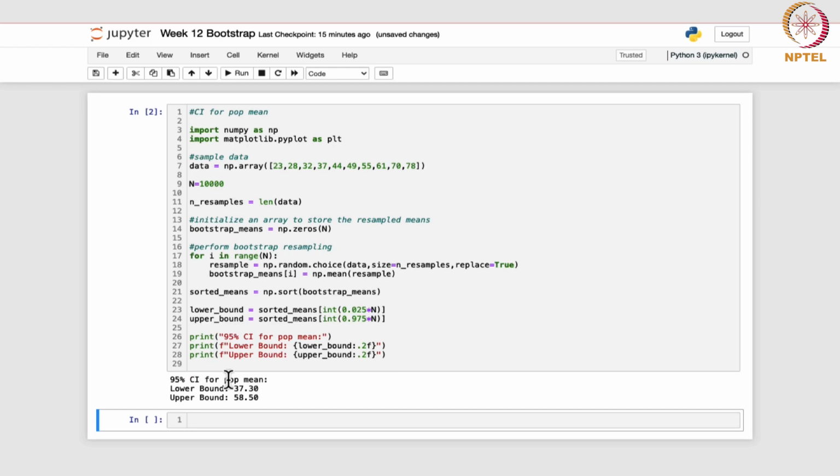Yeah, so the 95% confidence interval for population mean: the lower bound comes out as 37.30 and the upper bound comes as 58.50. So you see that even when you were unaware of which distribution your sample is coming from, you do not have any idea about that, still you are able to find the 95% confidence interval for the population mean.